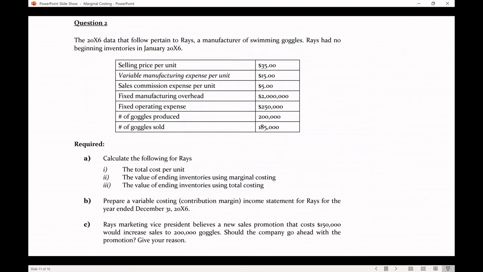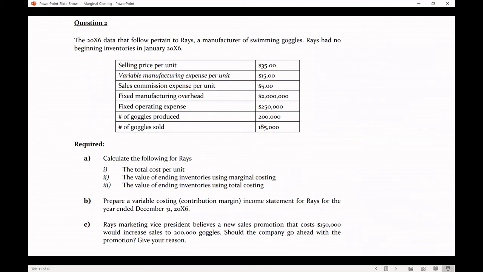Part C says, Ray's marketing vice president believes a new sales promotion that costs $150,000 would increase sales to 200,000 goggles.